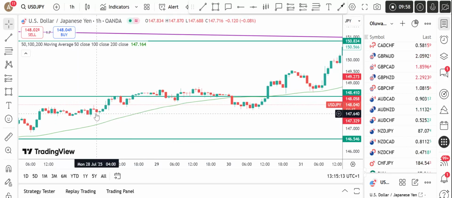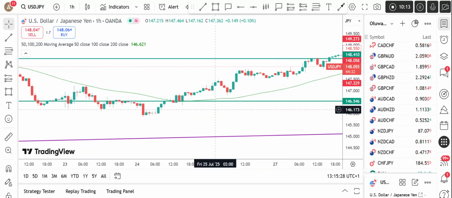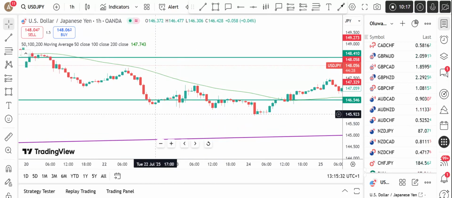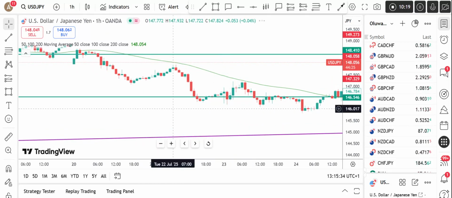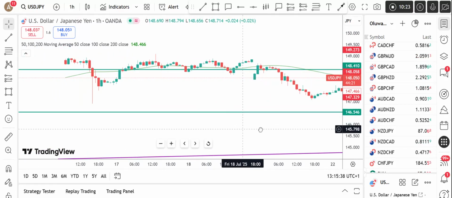This one is a doji, but it's a gravestone doji. This is a gravestone doji. Still looking for another one.